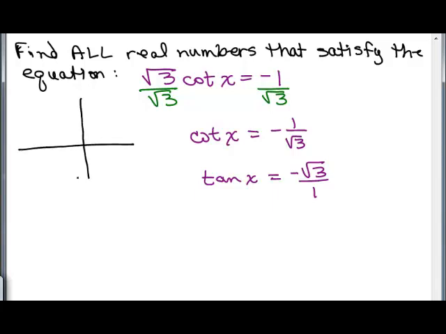So we need to find one place where the tangent is negative. And we could choose either quadrant 2 or 4, and it's up to you which one you use. If you want to think of the y value as negative and the x value as positive, you would choose 4. I'm going to think of it the other way, where the y value is positive and the x value is negative, and pick quadrant 2, because I'm going to try to find the smallest value. So let's see. The y value is bigger than the x value.